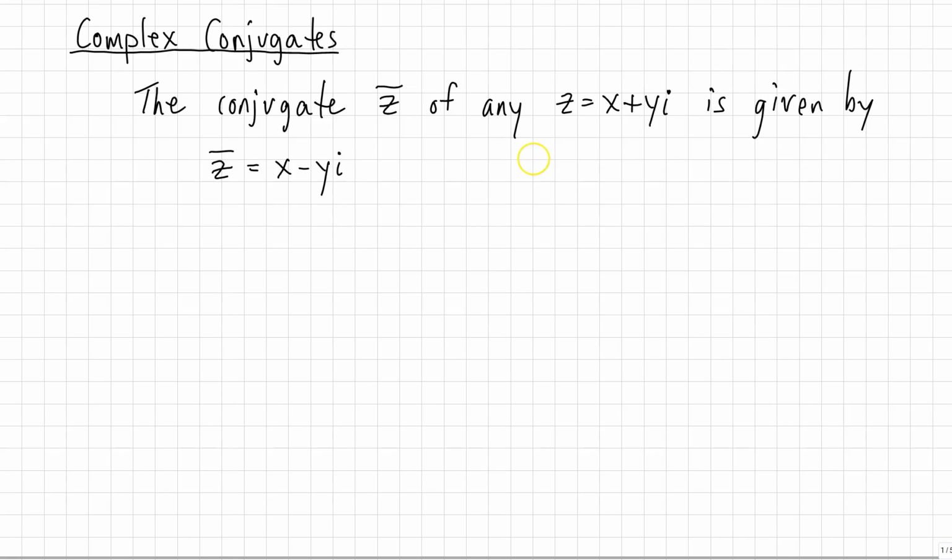So pictorially, if this is the complex plane and you plot any complex number z, its real part will be the same, but the imaginary part will be the opposite sign. So z bar, oh whoops, got that in the wrong spot, don't I? Should at least somewhat look.